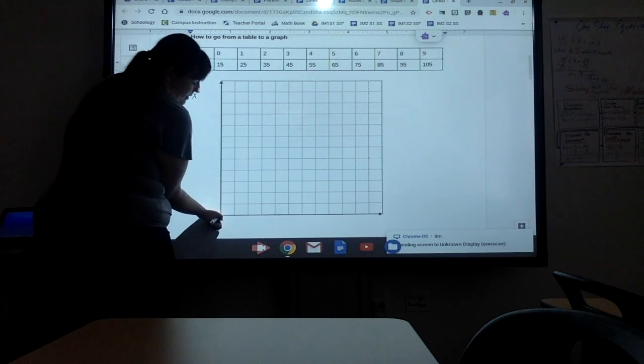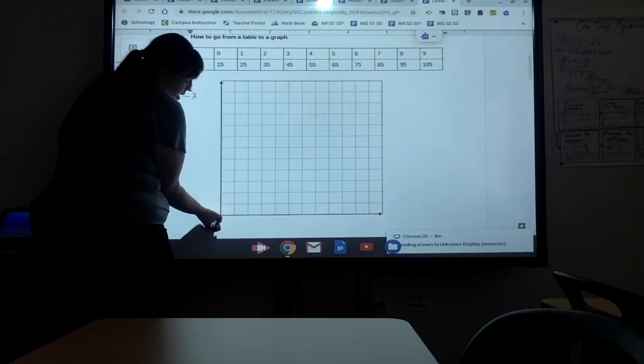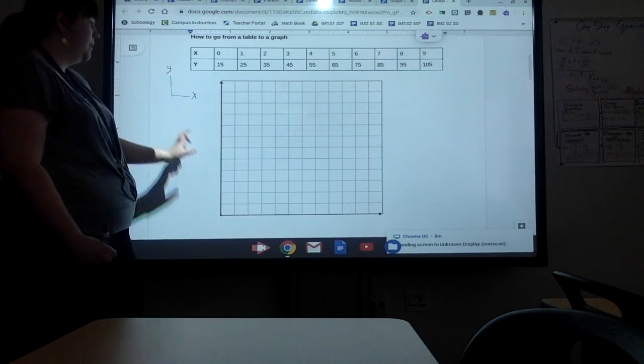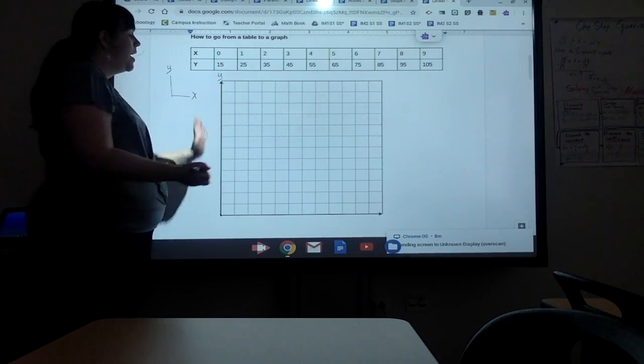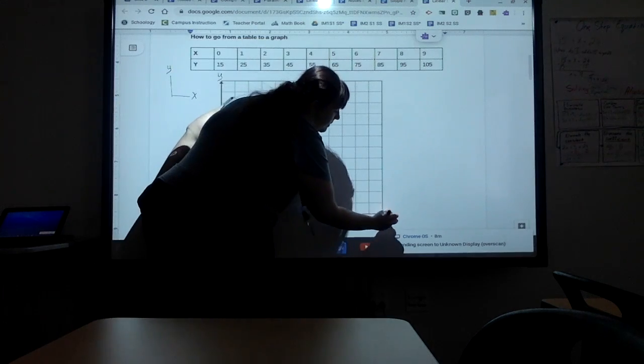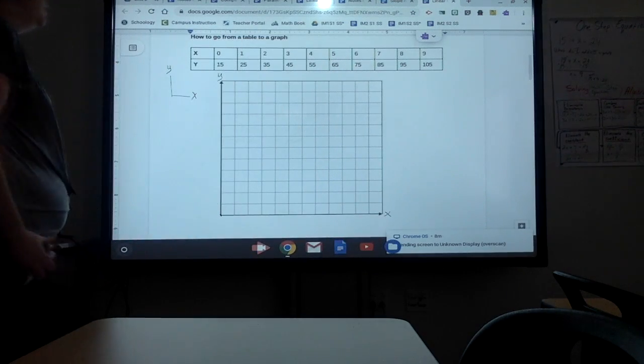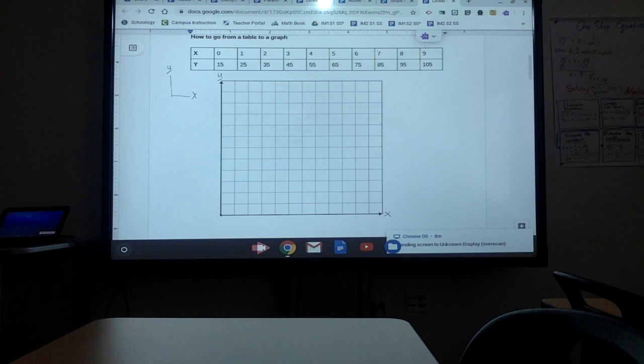So this is going to be my 0, 0, because I'm not continuing it out. I'm just doing this upper corner where everything's positive. The up and down is my y-axis. The left and right is my x-axis. When you do this, there's a few rules to graphing.